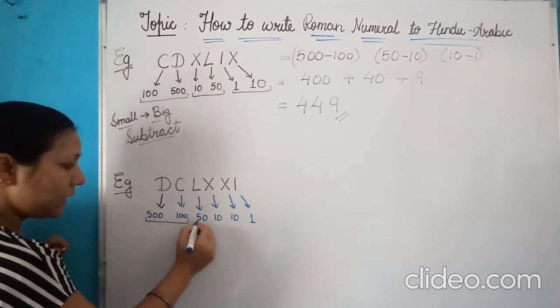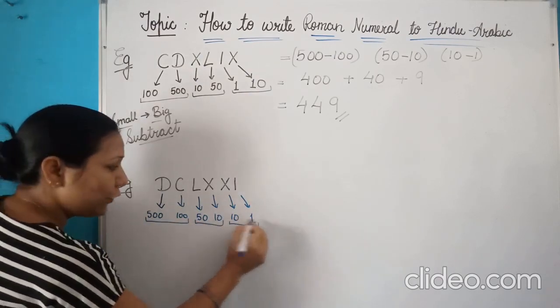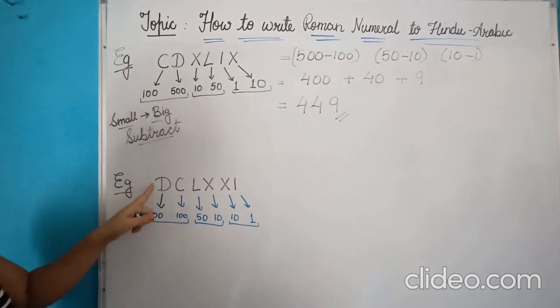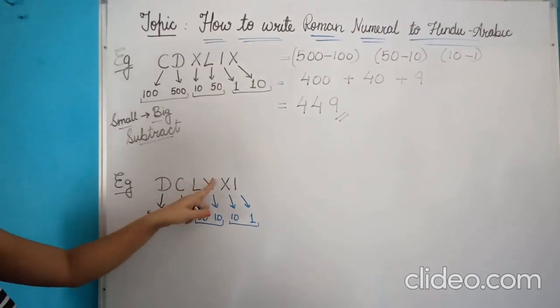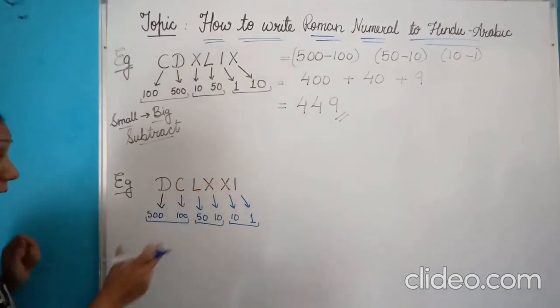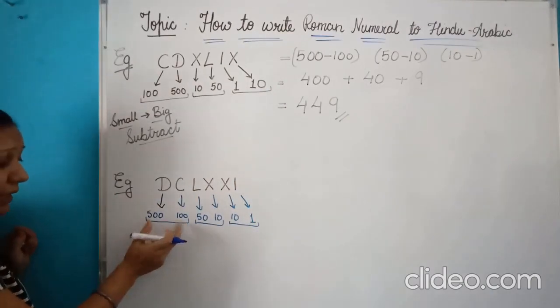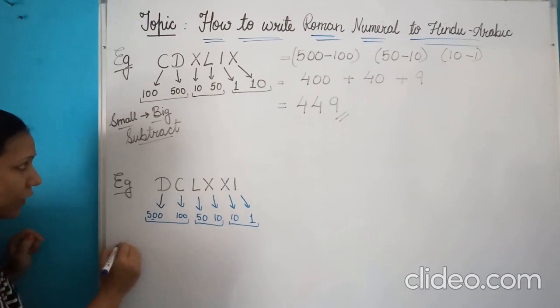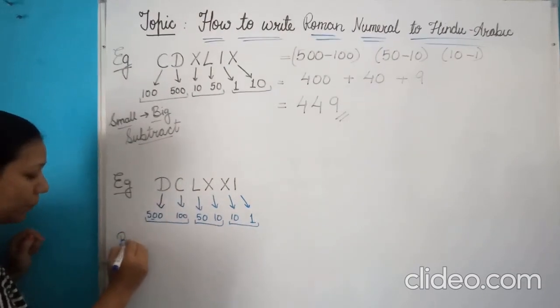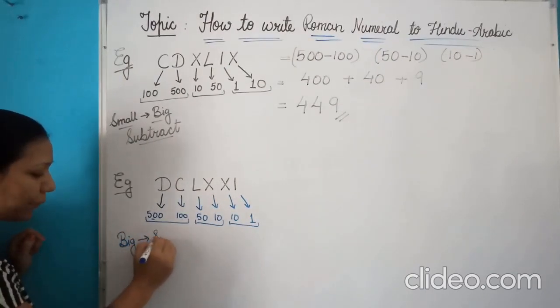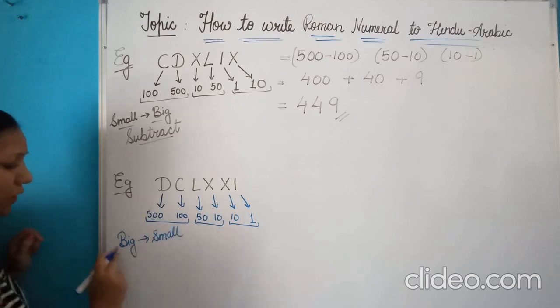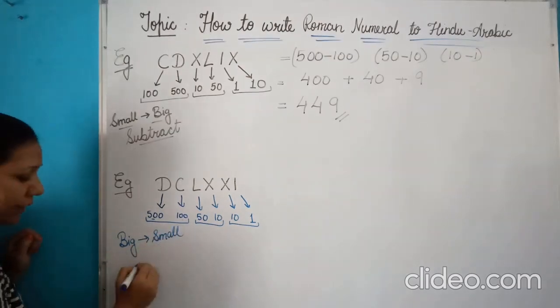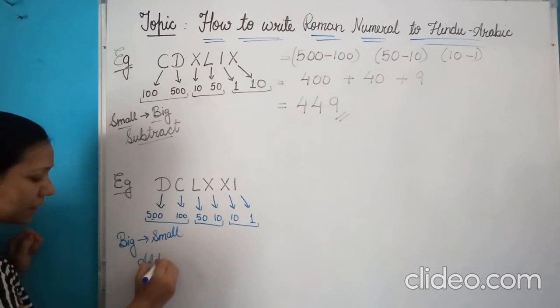Again, I make pairs of two values from this side, D and C, L and X, and I. Now you'll see that there is a bigger number first and then a smaller value. So when you are going from big to small, we add the terms.